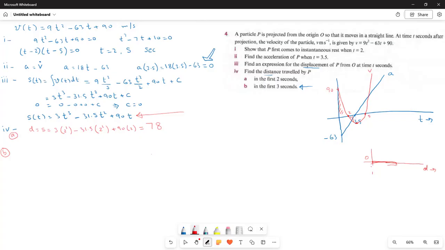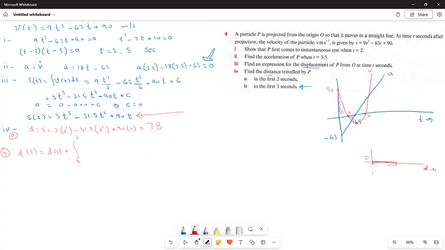So if I want to find the distance at 3, I will find the distance at 2, plus the distance from 2 to 3. And how can I find the distance from 2 to 3? I need to integrate from 2 to 3 the negative of this speed.